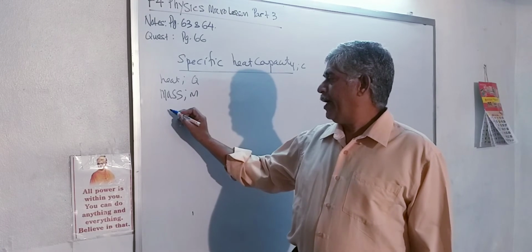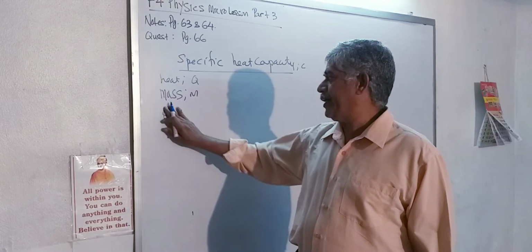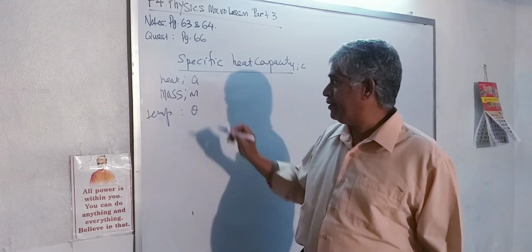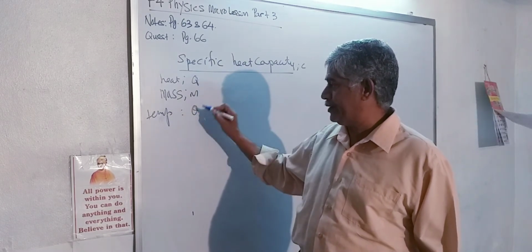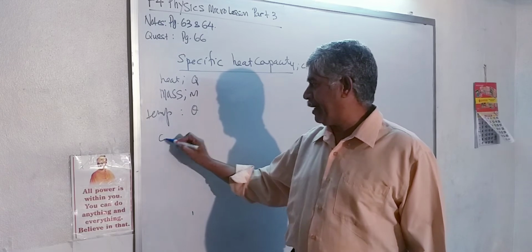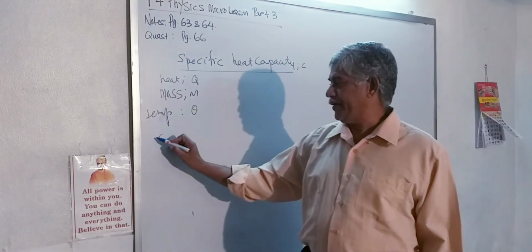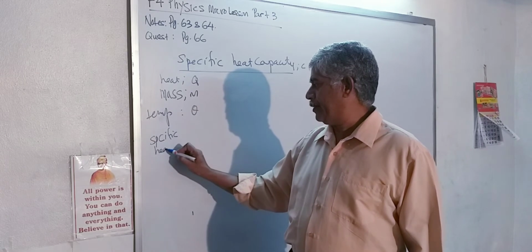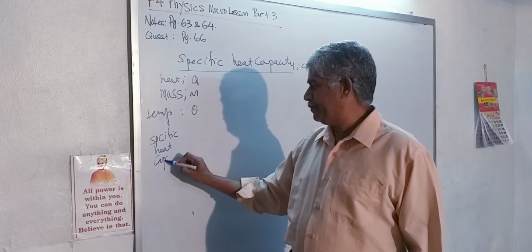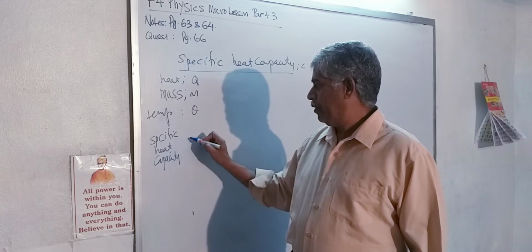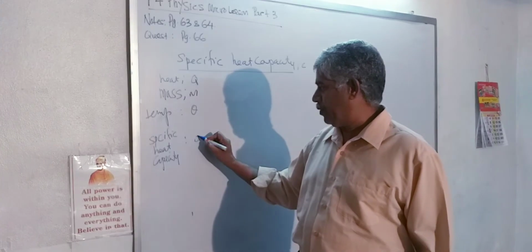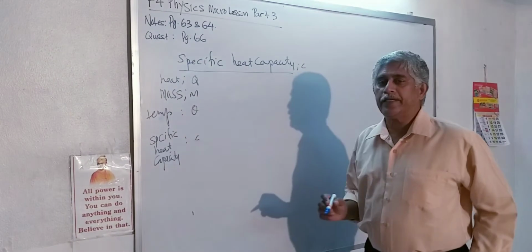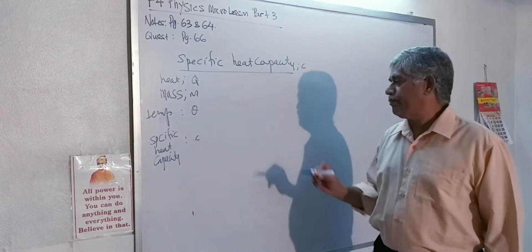The mass is m, the heat is Q, and the temperature we use the symbol theta. Then the specific heat capacity itself we give a small letter c.